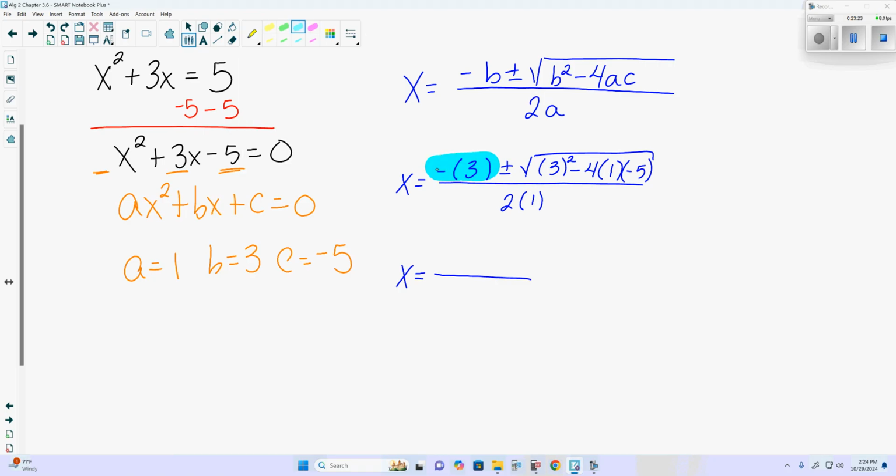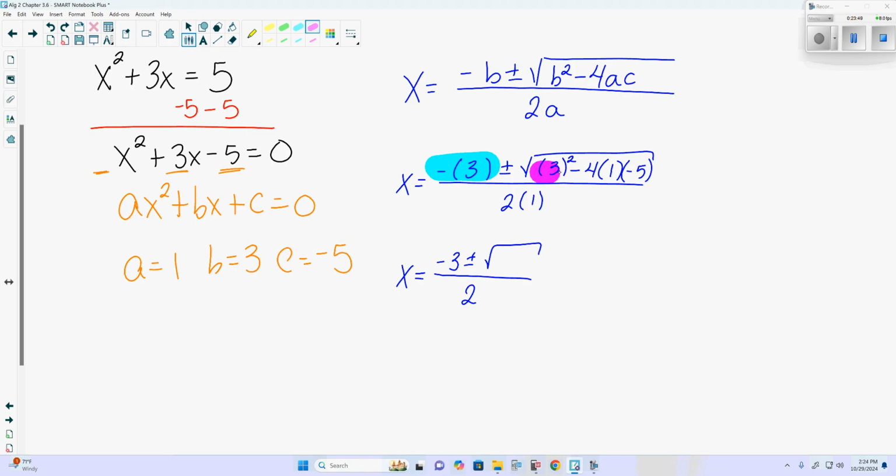Well, what would that be? Well, it would be negative 3, yes? Plus or minus? We'll deal with the square root in a minute. Let's look at the bottom. The denominator is what? 2 times 1, which is 2. Okay. Let's take care of those two pieces first.